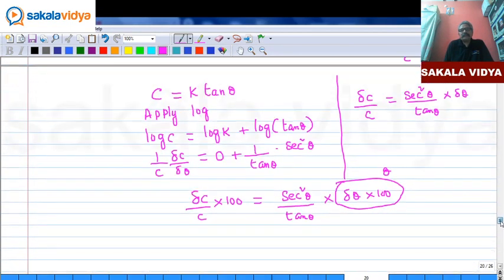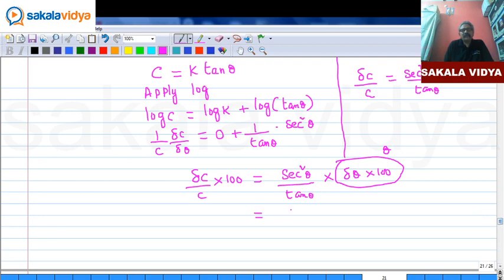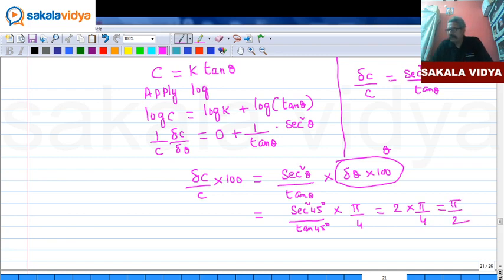Substitute: secant square 45 by tan 45, but theta written in radians is pi by 4. Sec 45 is root 2, so square is 2, tan 45 is 1, into pi by 4. So pi by 2 percent, this is the answer. The question is lengthy, but the concept is very simple, easily we can solve the problem.